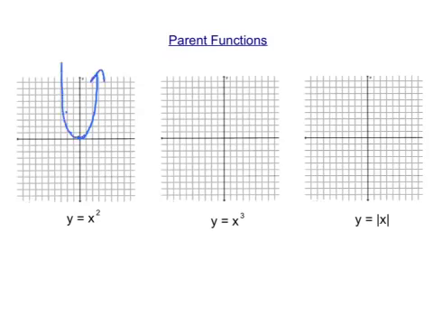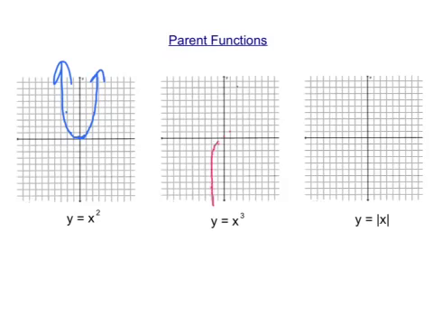My graphs are going to be a little off, so bear with me. X cubed, our values fall at 0, 0, 1, 1, and 2, 8. It also has points at negative 1, negative 1, and negative 2, negative 8.